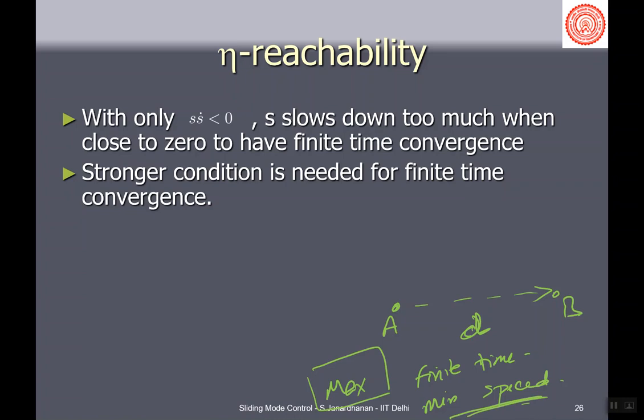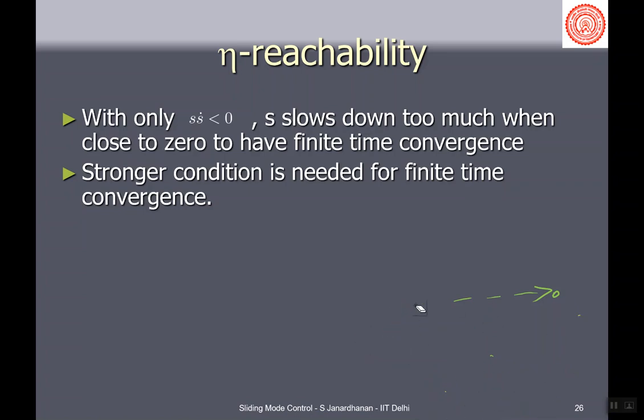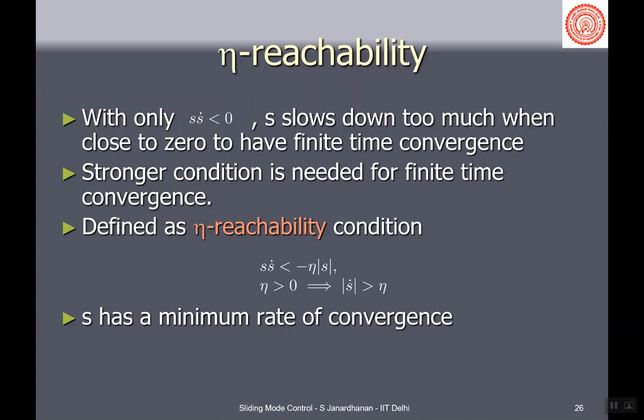If I want to go from A to B within some time, then I should have a minimum speed below which I should not run. And if I have a minimum speed, then it assures that there is a maximum time limit within which I can reach. The same or a very similar concept is being used here.